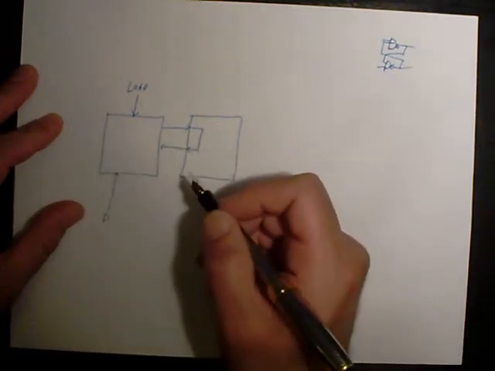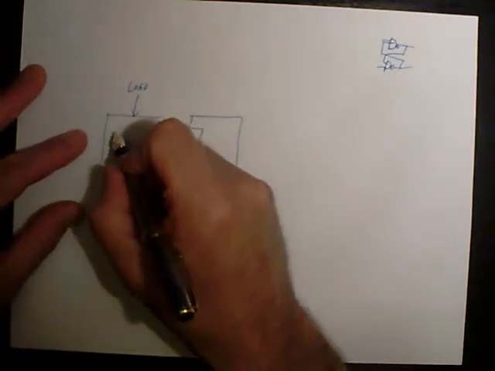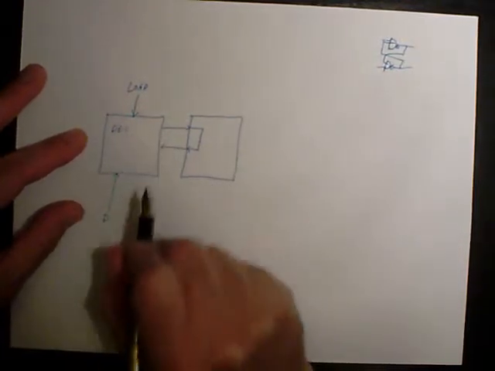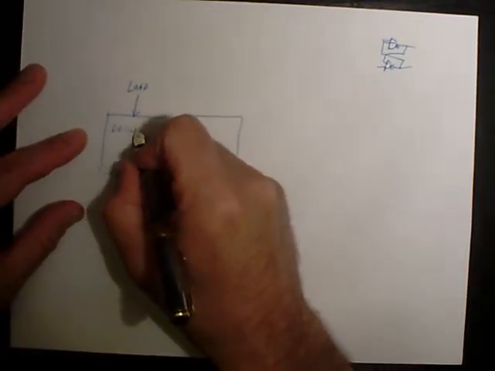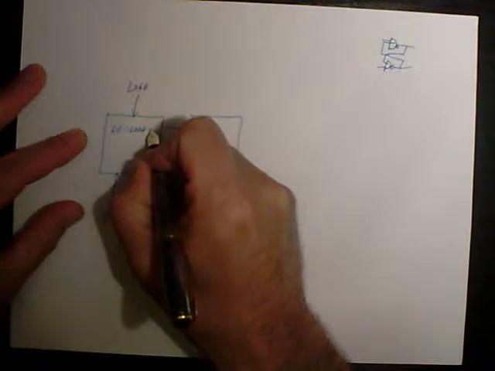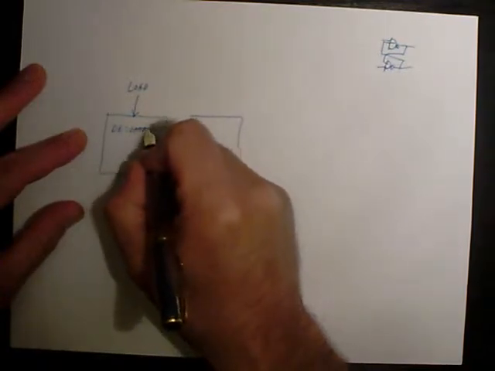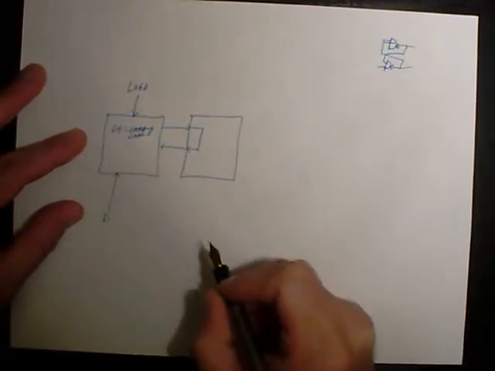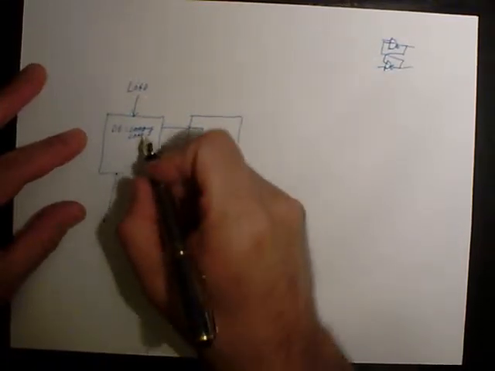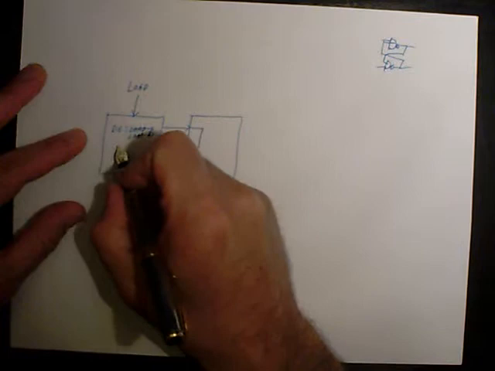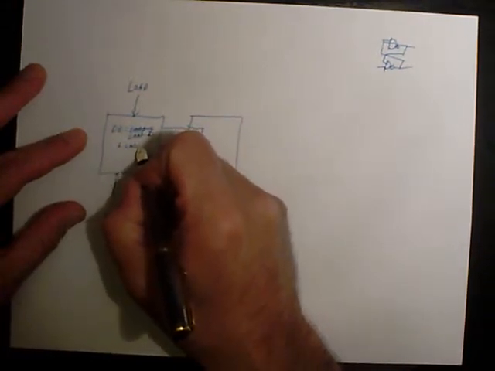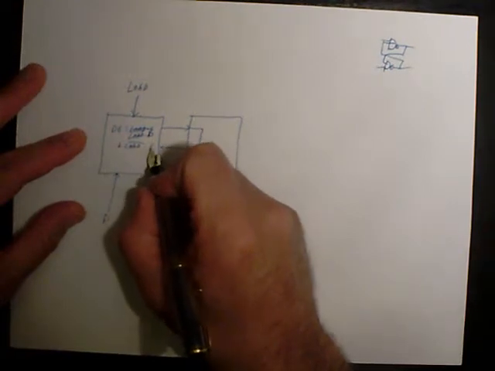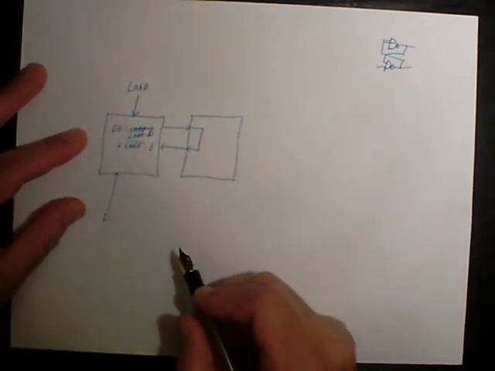The equations in this cell are going to be simply data east, so that's the data coming out here, is equal to our load line ANDed with the data line coming from the south, or if load is low, we're going to take the data coming from the east and send that back out.